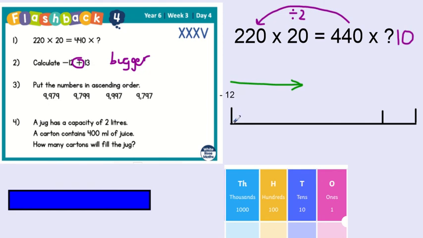Now I know if I move 12 places on my number line, if I add 12, that will take me to 0. I want to get to 13, so I've got to add one more on. So that takes me to 1. So the answer is 1.